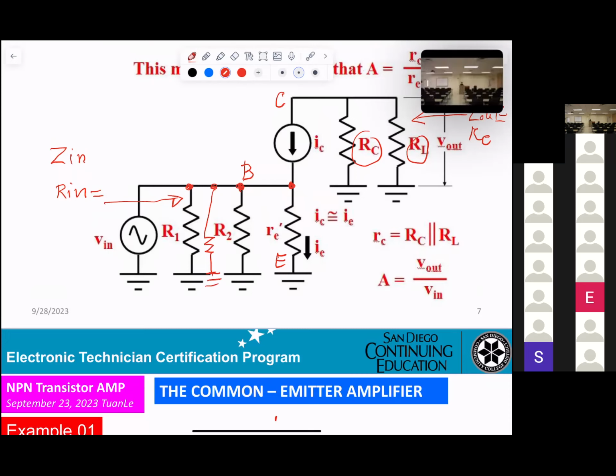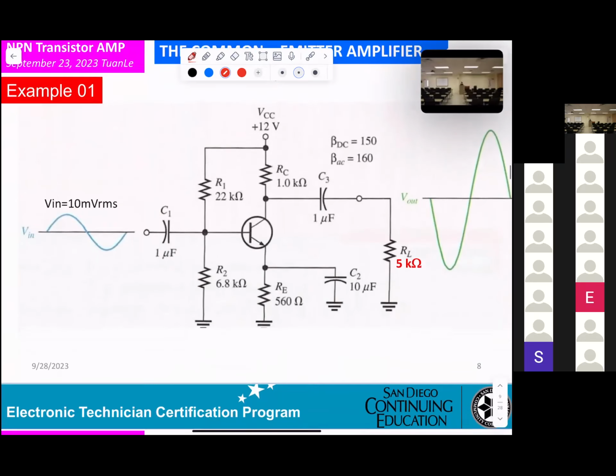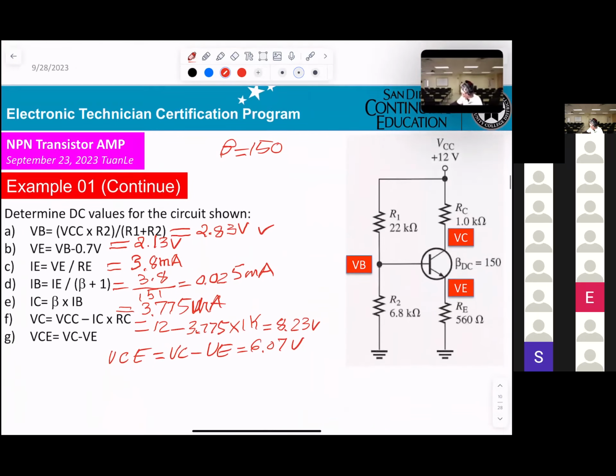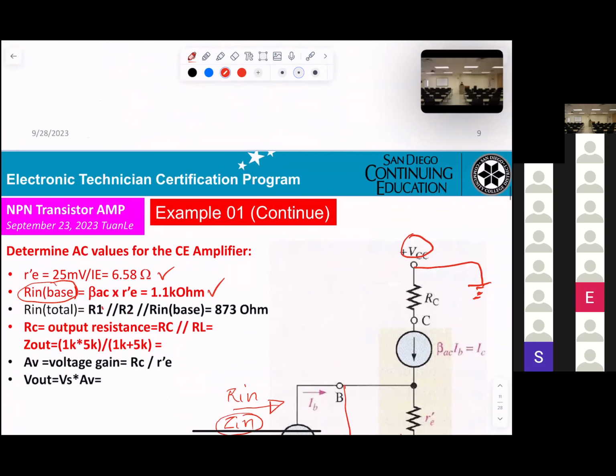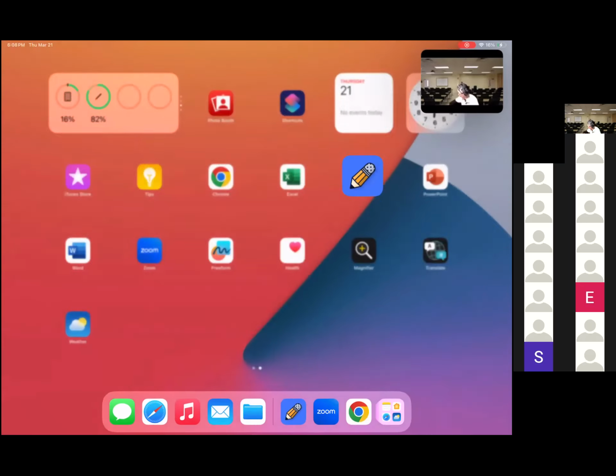That will be R in base. So basically, you can get 3 resistors right here. R1 parallel R2 parallel R in base. Calculate that for me.